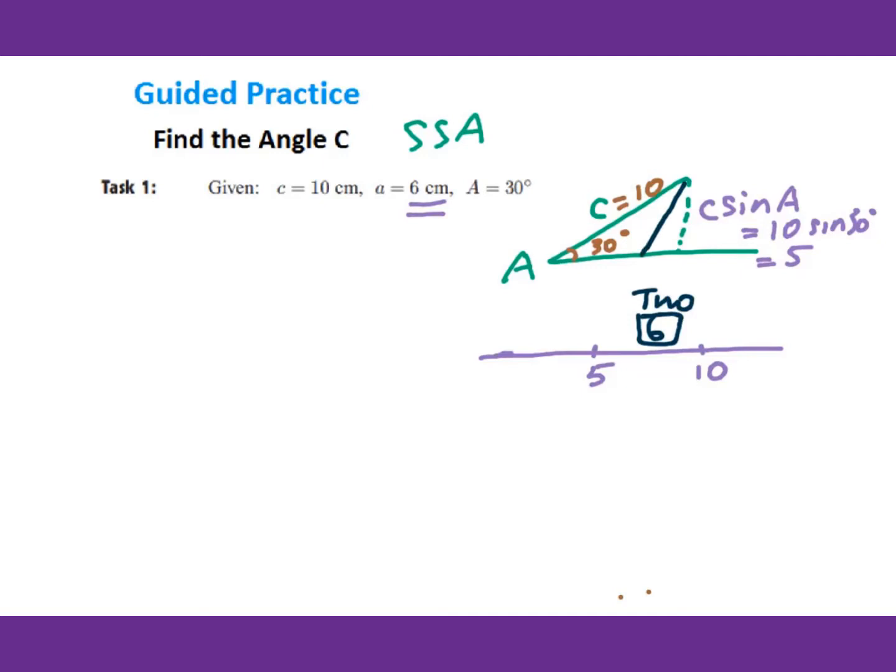We can draw, this is one solution, this is another solution. We label this is a C1, here is a C2.